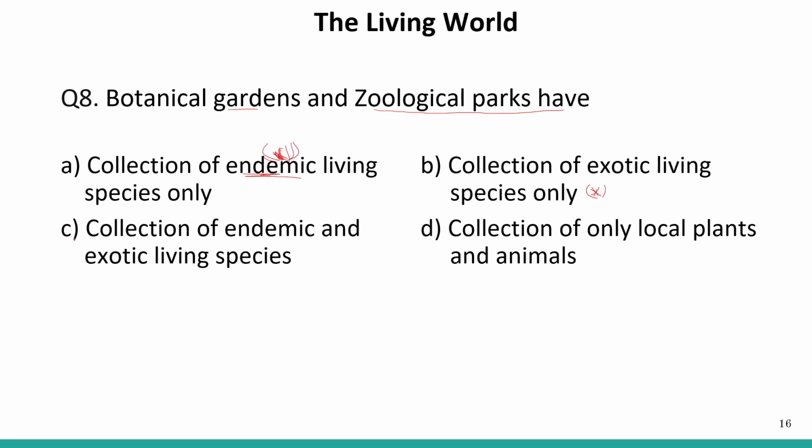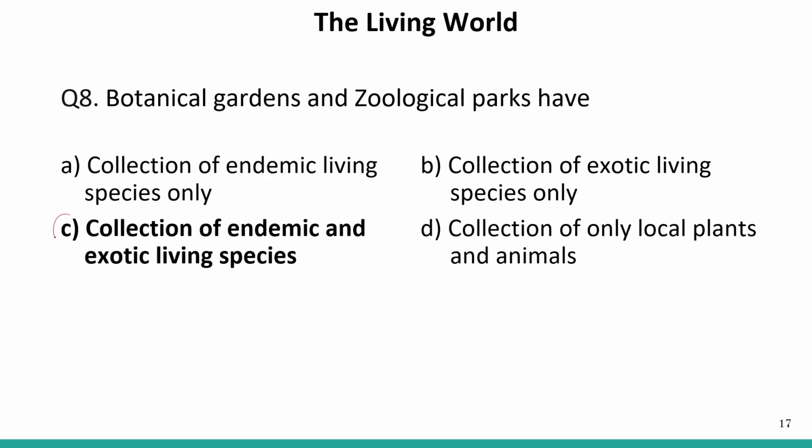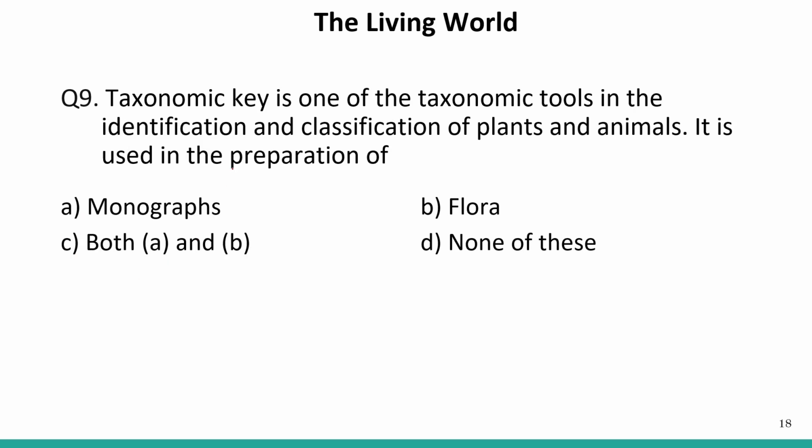So option C is a collection of endemic and exotic living species. And option D is a collection of only local plants and animals. So what should be the answer? Option C is the correct answer. Botanical gardens and zoological parks consist of a collection of endemic, meaning specific to that region, as well as exotic living species, not specific to that region.